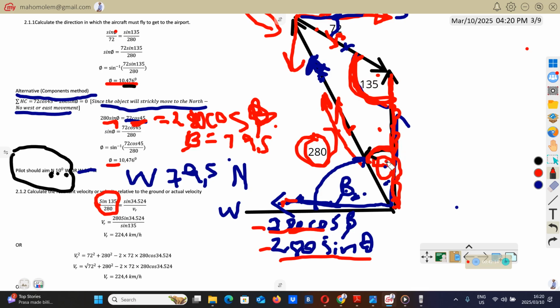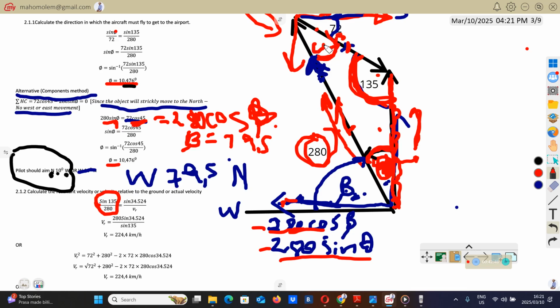Remember the stage now, we know this angle. Let us not use this, because we're looking for this. This is the side that we're looking for. If you use this angle, you will be trying to get this side, but already we know this side. So let's use this angle here.